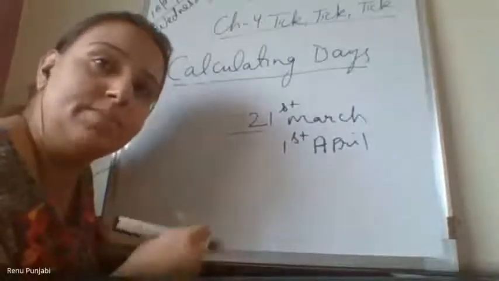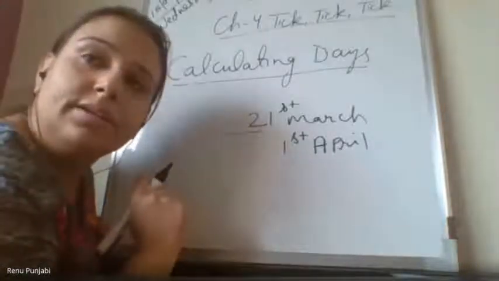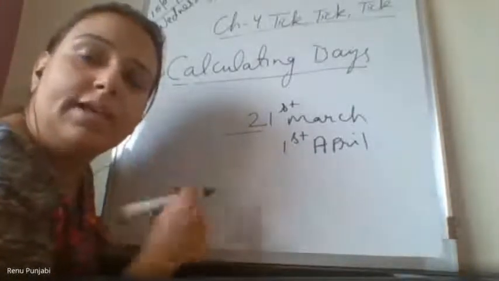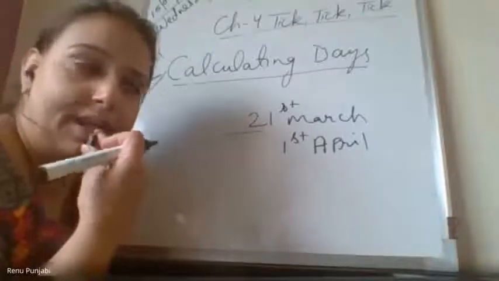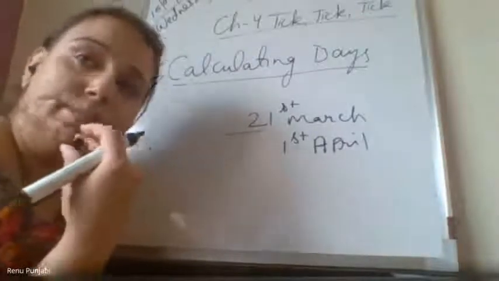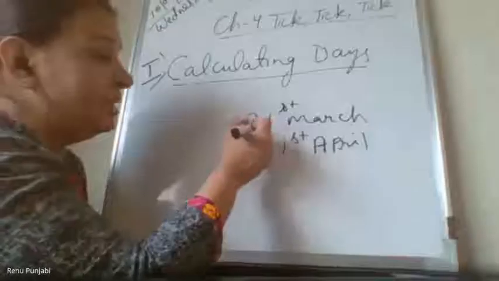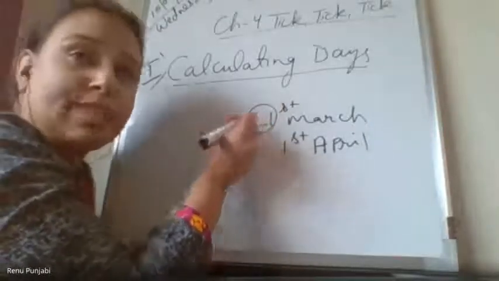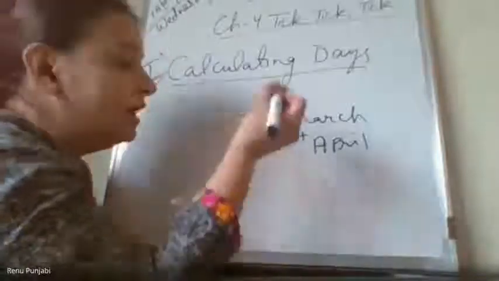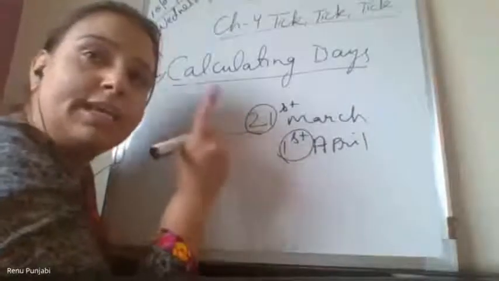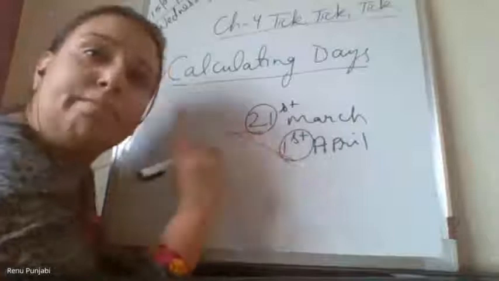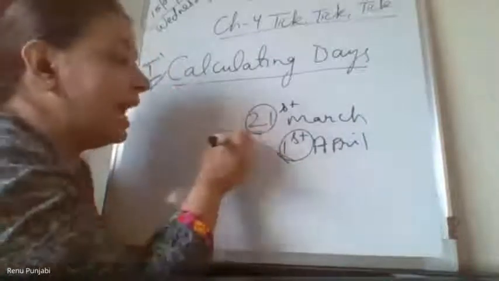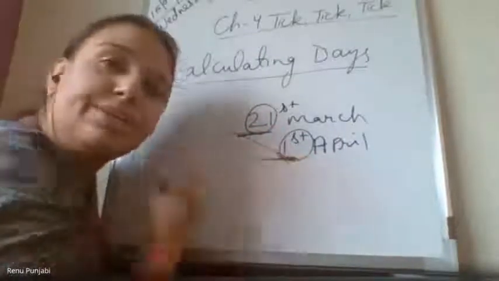It is not saying how many days are there in between 21st and 1st April. The word between is not there. It is asking how many days the project has taken to complete. So if it has started on 21st March, that day is also included in the project. It ended on 1st April, so that day is also included in the project. So the project has taken the total number of days to complete. In that case, we will add 21st also, and we will add 1st April also.